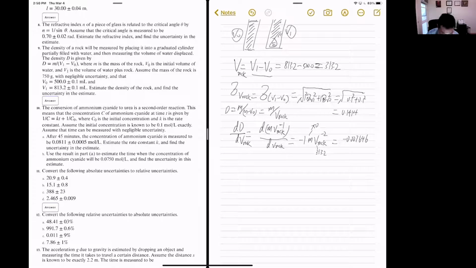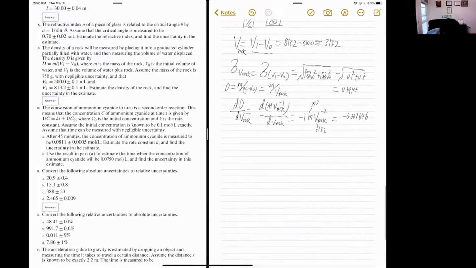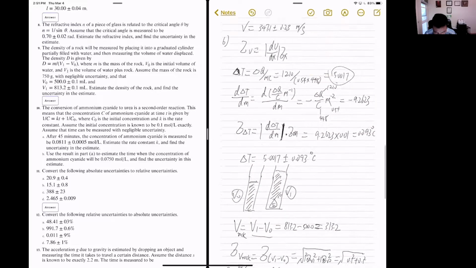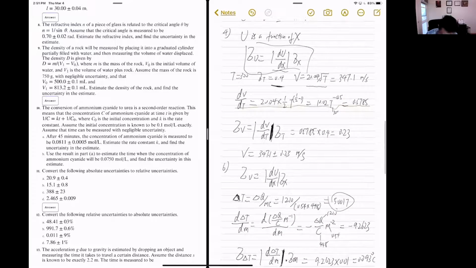Finally, sigma D is equal to the absolute value of dD over dV rock times sigma V rock. That equation is based on propagation of error, this equation.